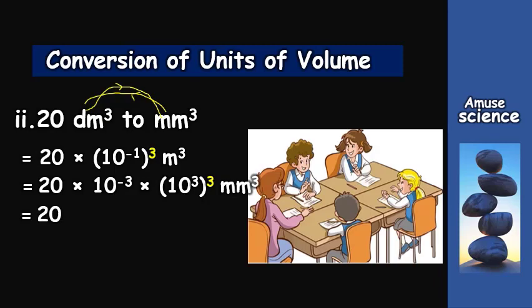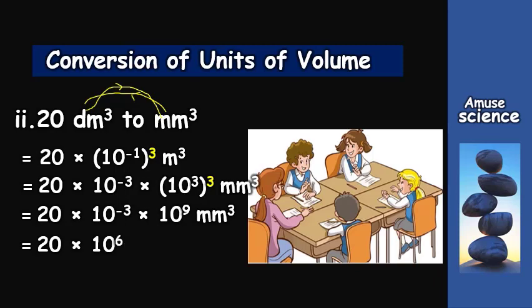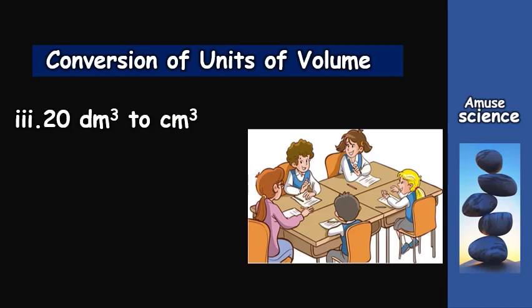Applying indices, we are going to get 20 times 10 exponent minus 3 times 10 exponent positive 9, still in millimeter cube. Applying indices again, we are going to get 20 times 10 exponent positive 6, and since it is not in standard form, we have to write it in standard form, and that will give us 2.0 times 10 exponent 7.